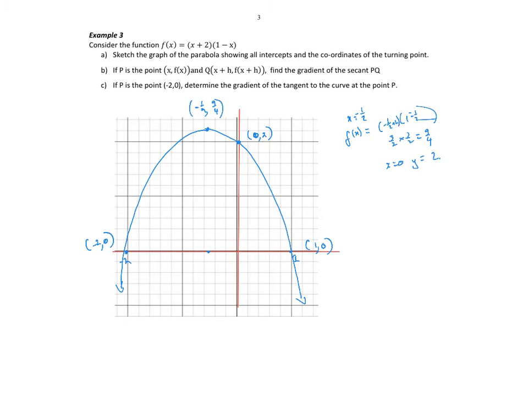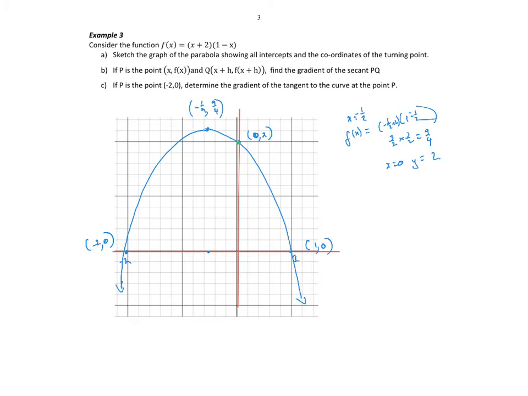Done. If P is the point x, f of x and Q is some other point where it's just x plus h, f of x plus h, find the gradient of the secant, or the line joining those points. So I'm going to be working at -2. So what if I just pick another section?